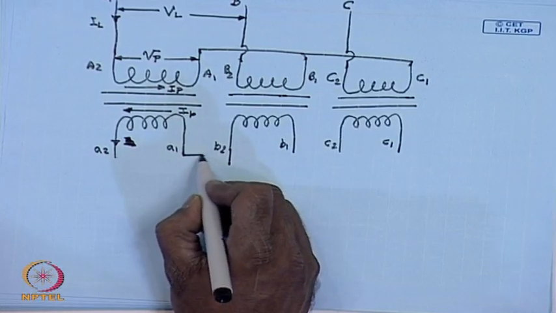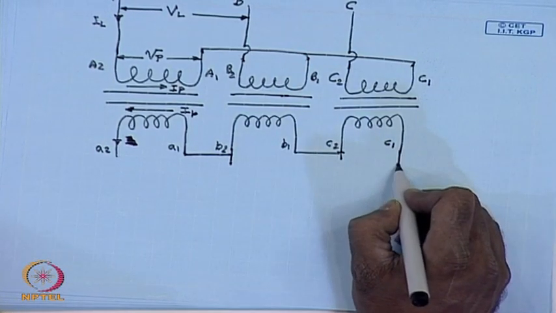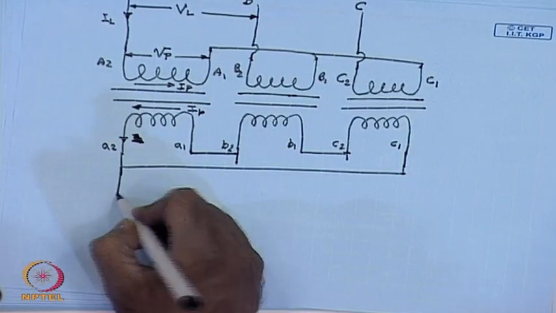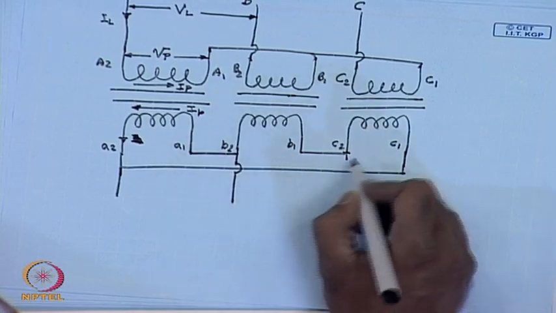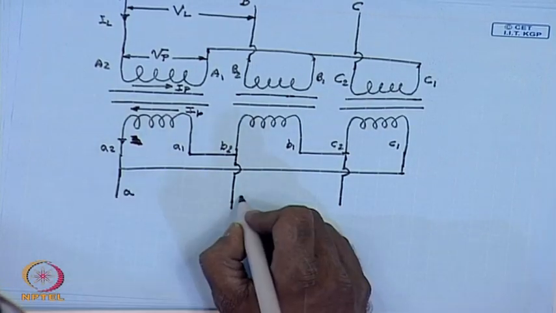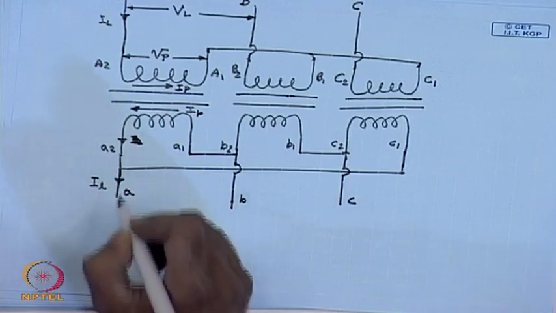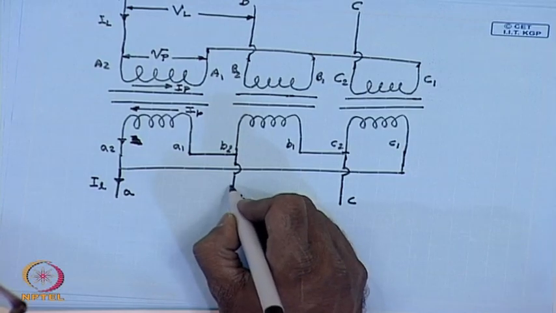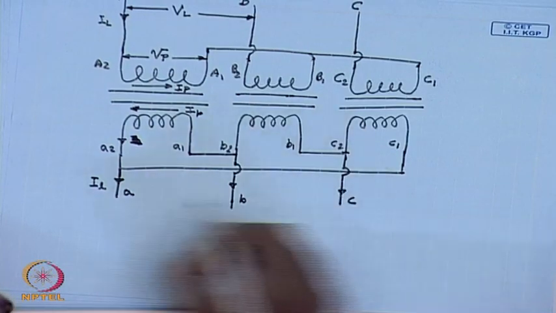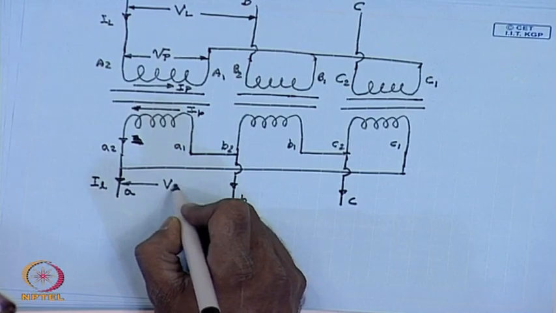Let us say for that we connect a1 to b2, b1 to c2 and c1 to a2. We still get supply from the terminals a2, b2, c2, which constitute the low voltage lines a, b, c. This is the low voltage line current I_l, and this is the low voltage side line voltage V_l.